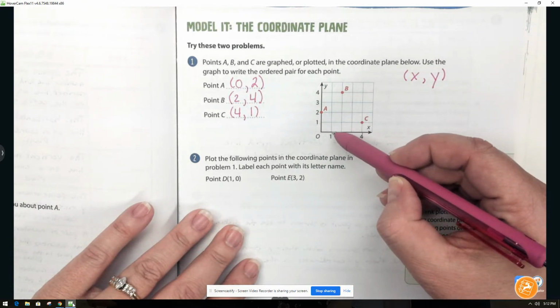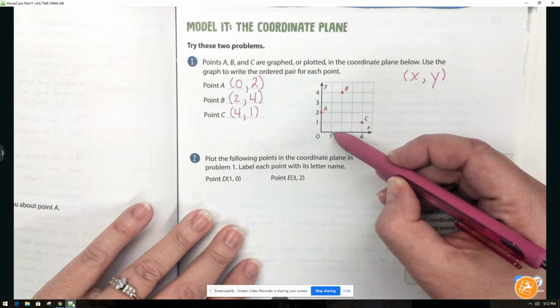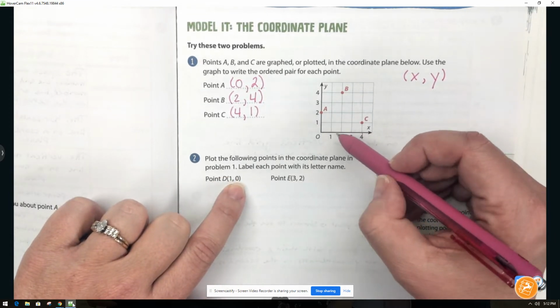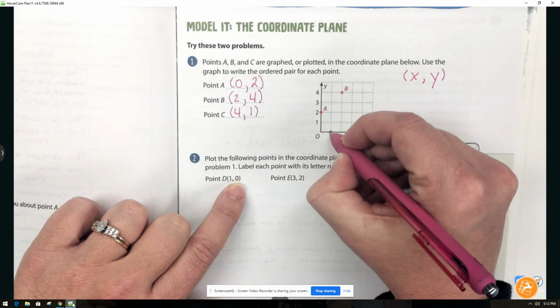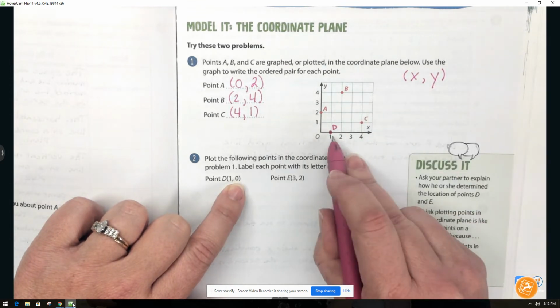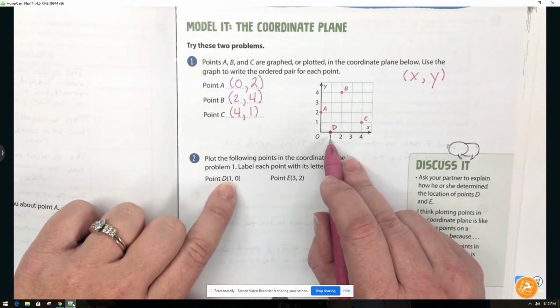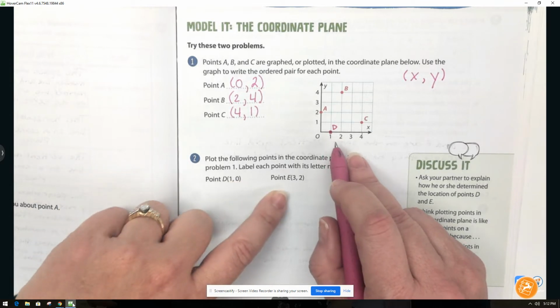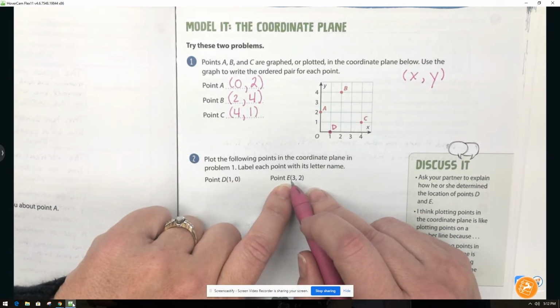Then for the y value, we move up as many units as the value. The value is 0, so we are not going to move at all. This point here is going to be point D because it has an x value of 1 and a y value of 0.